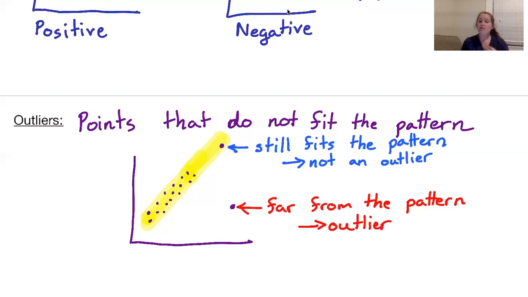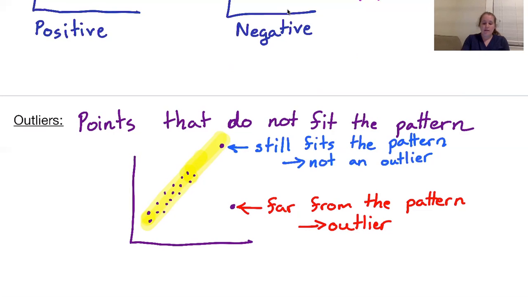There is a specific definition for how we can calculate outliers from scatter plots, just like how we could calculate outliers based off our 5-number summary. However, in this class, you are not responsible for that. So for this class, it'll just be a point that clearly does not fit the pattern is considered to be an outlier.